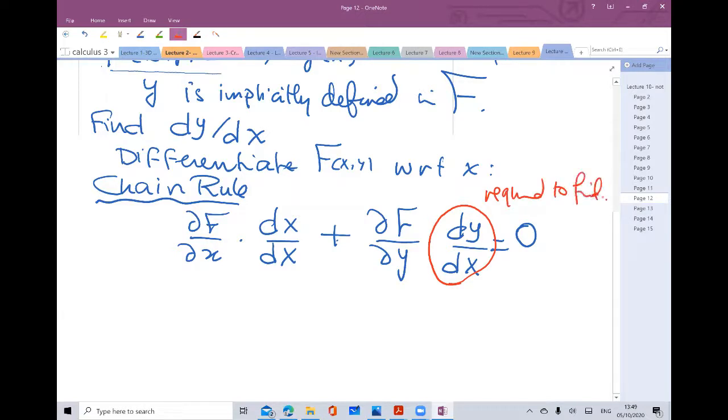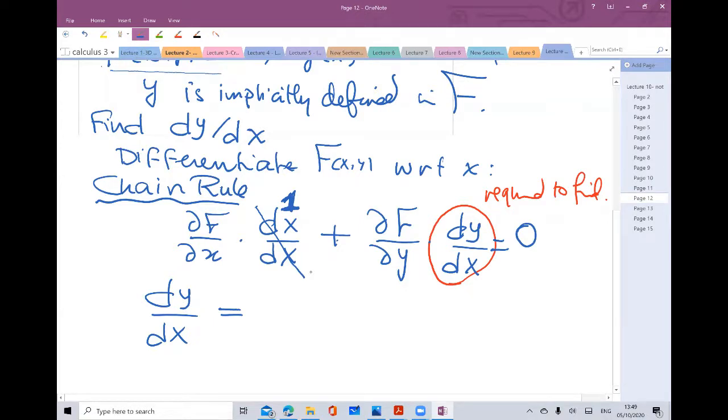So when I solve for dy by dx, I'm going to end up with dy by dx equal to, taking this to the other side, minus partial F partial x over dx by dx. Of course, we must note here that the change of x with respect to x is actually 1. If it changes by 1, it will change by 1; if it changes by 2, it will change by 2; this change is always a unity.